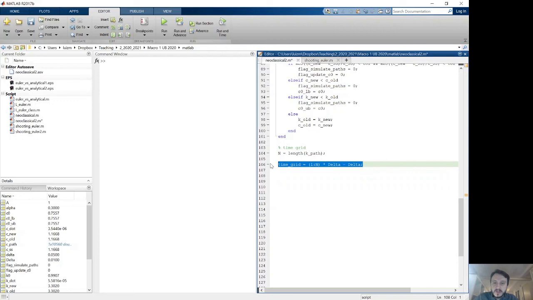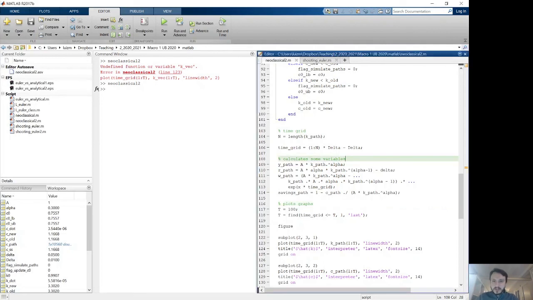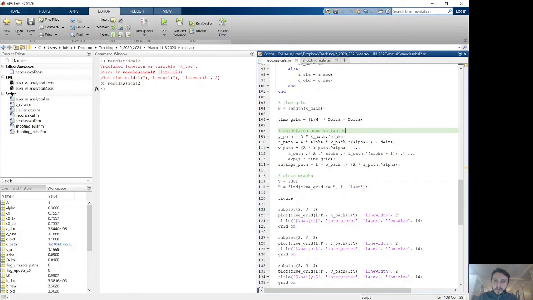So this is just simple mathematics. You can check this, you can do the calculations with pen and paper, and then you see that this will work. Okay, so I copied some code that I wrote before to calculate some variables here. So for example, production is given by the Cobb-Douglas production function evaluated at the path of capital.